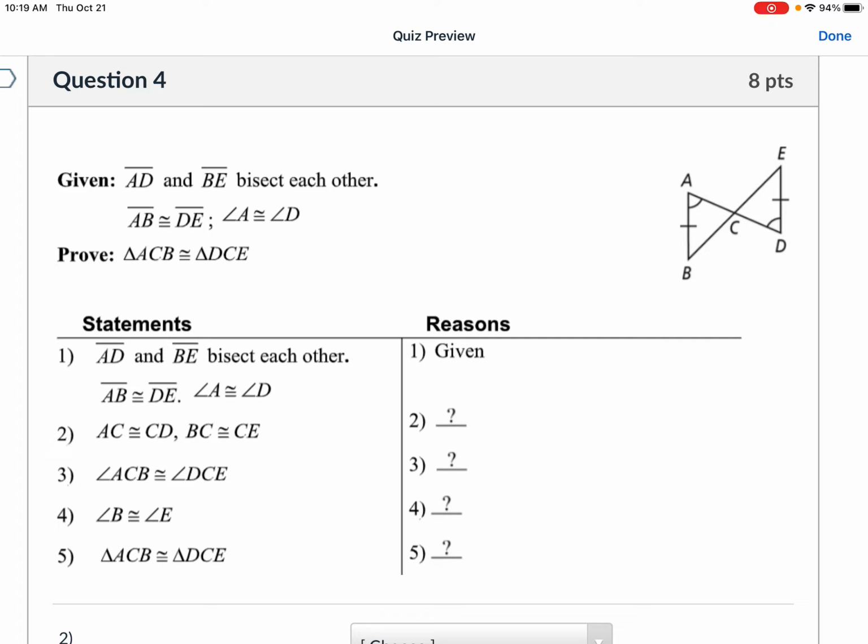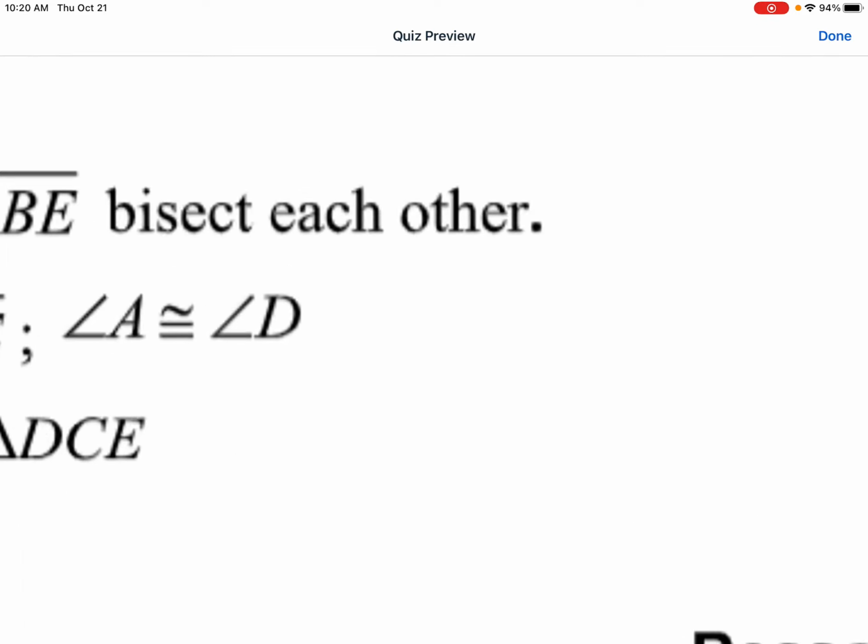Okay, first of all, we need to know what's going on. All of that information that's given at the beginning, that's fabulous information. But when we get to statement number 2, AC is congruent to CD, how do we know that's true? The answer is it's all in that word bisect.